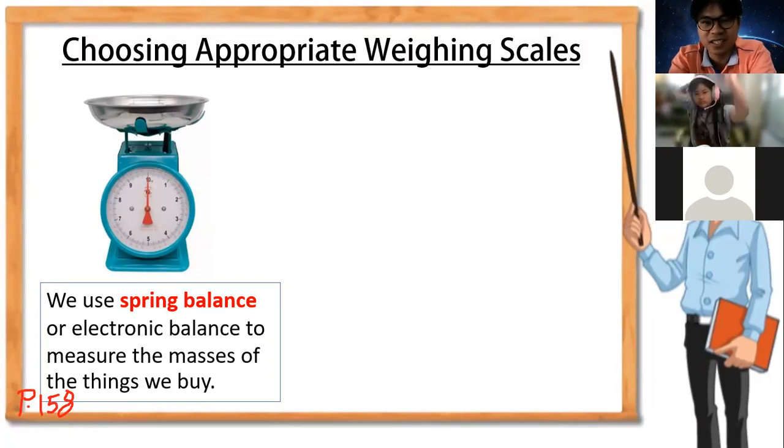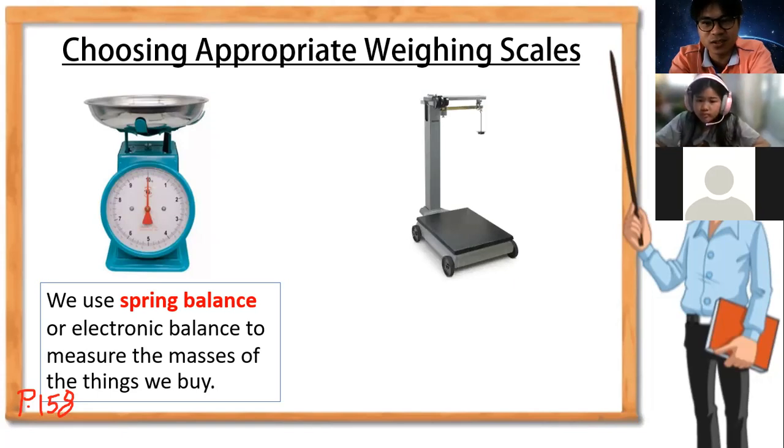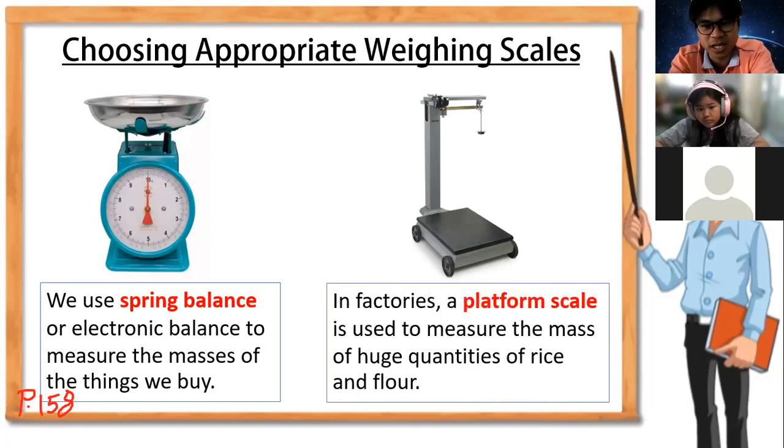So another thing here, how do you call this one? Weighing scale. This is what we call the platform scale. Okay. In factories, class, this platform scale is used to measure the mass of huge quantities of rice and flour.